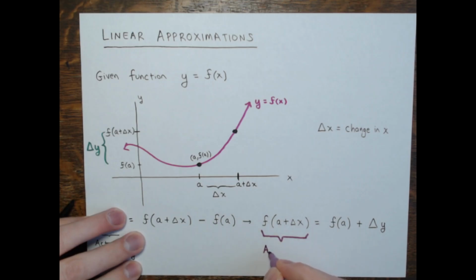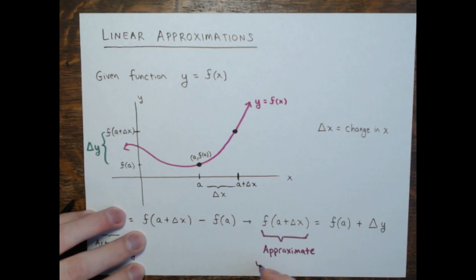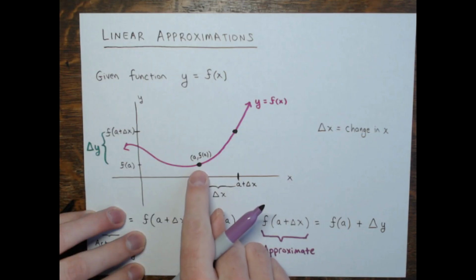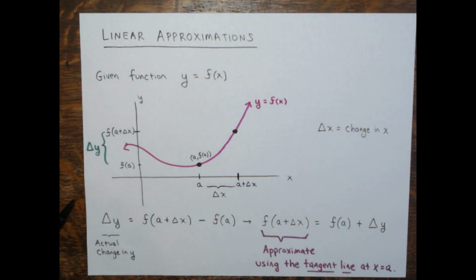We're going to approximate this value of f at a plus delta x using the tangent line at x equals a. The tangent line at x equals our initial point, a.